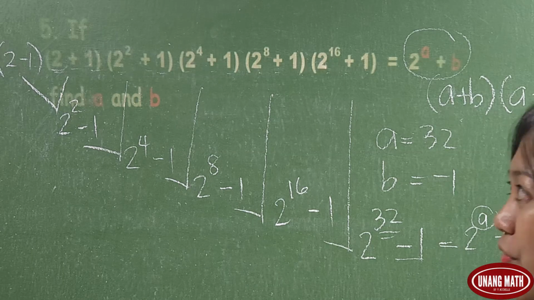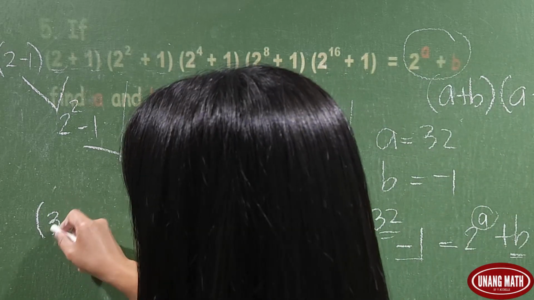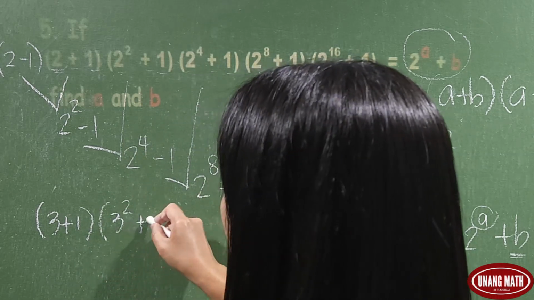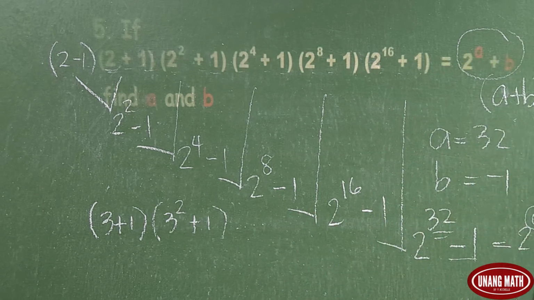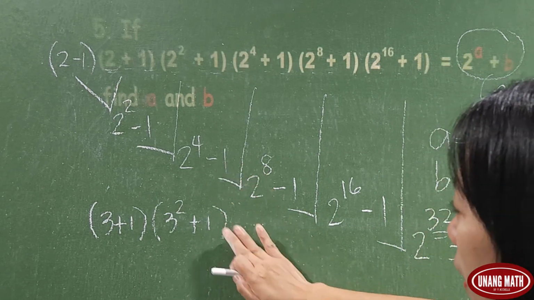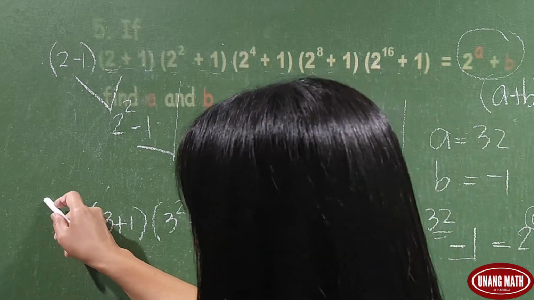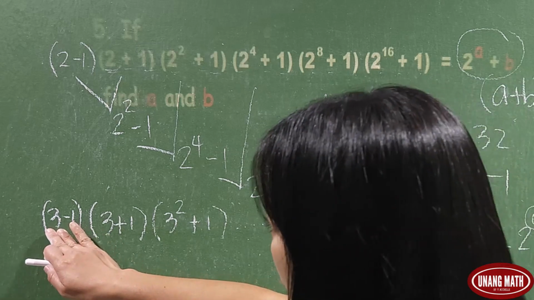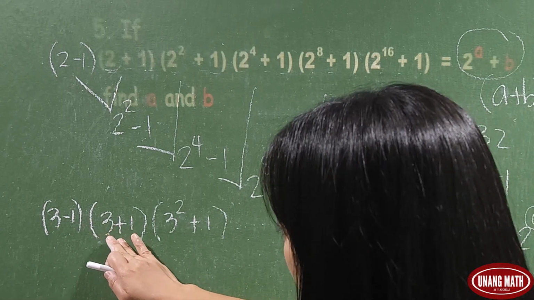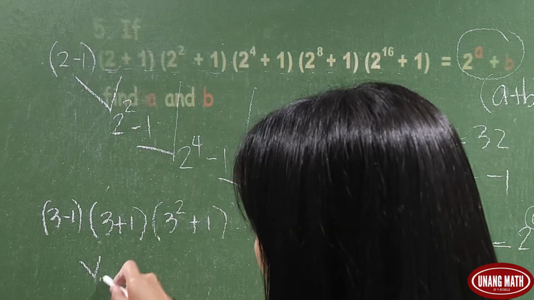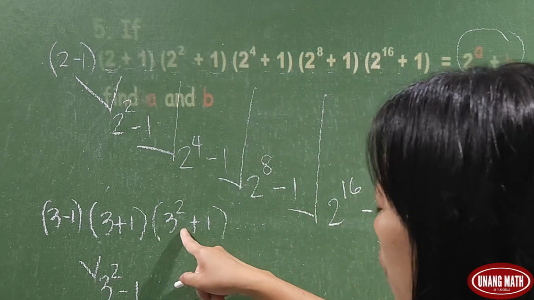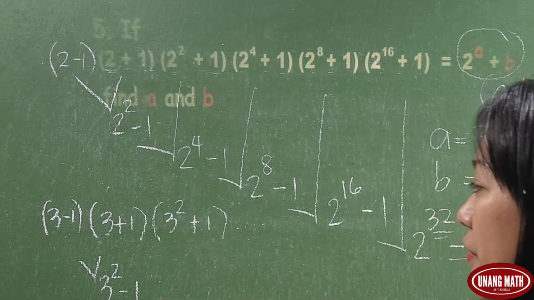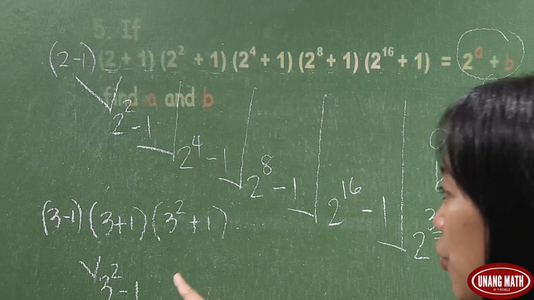Okay, how about if, let's say, the given is (3 plus 1) times (3 squared plus 1), and so on. Okay, yes, we will do the same thing. So this is times 3 minus 1. So 3 minus 1 times 3 plus 1, then we will get 3 squared minus 1, and then if we multiply this 3 squared minus 1 times 3 squared plus 1, then we have 3 raised to the power of 4 minus 1.